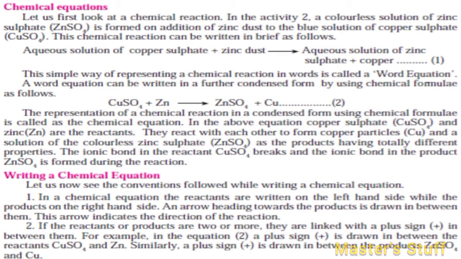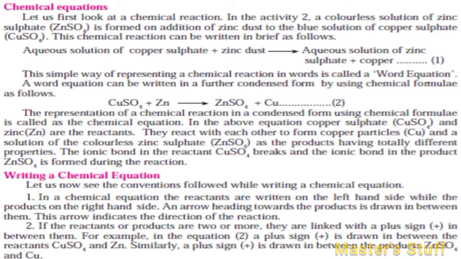That is, when we represent a chemical reaction using the chemical formulae of the substances, we obtain the equation in a condensed form, which is easy to understand. This type of representation is called a chemical equation.